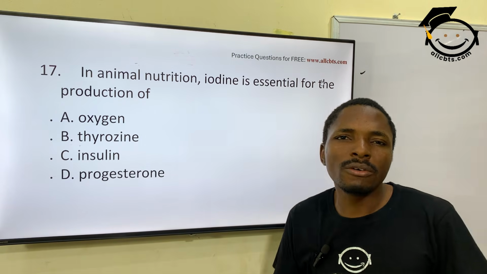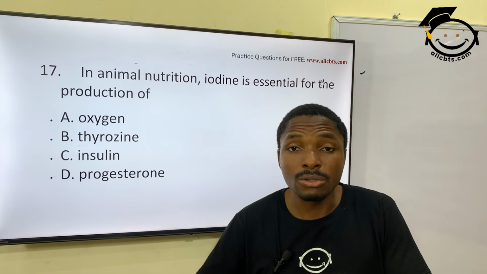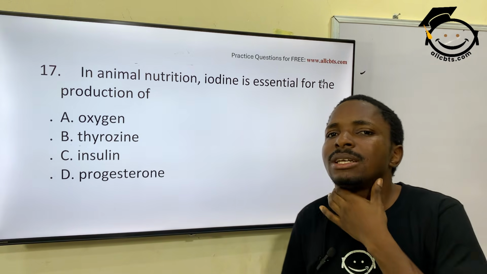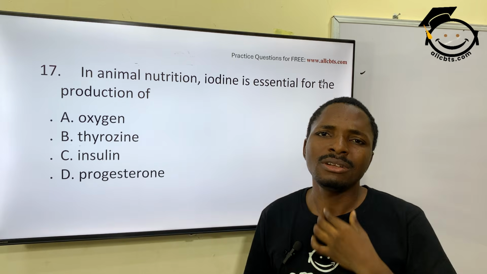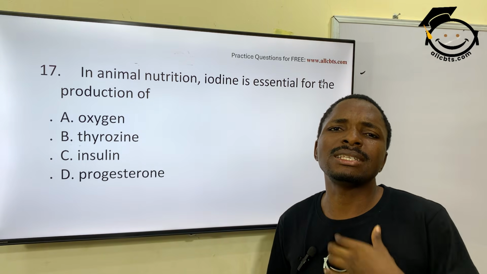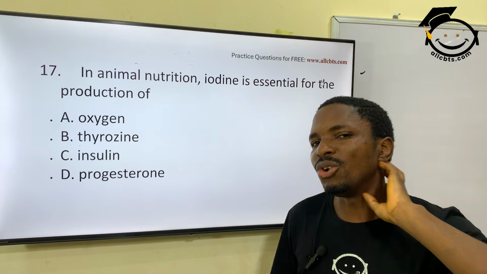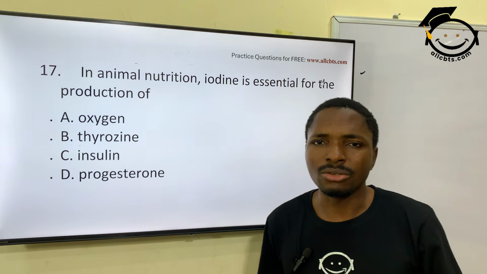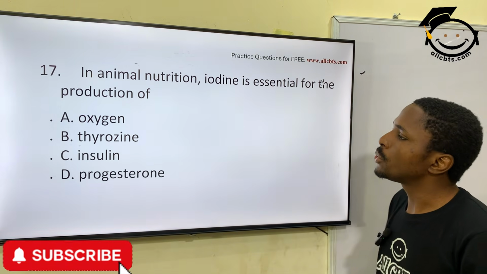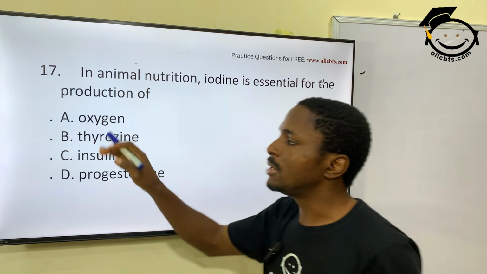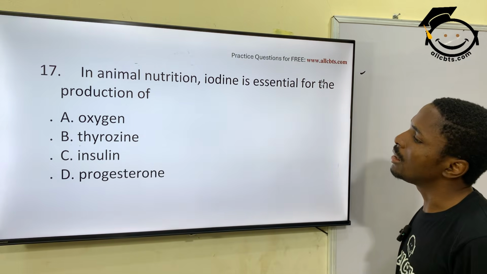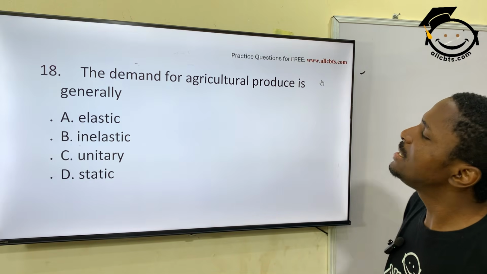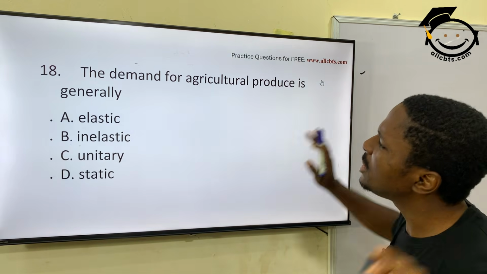Okay, if you take more of salt like Dangote salt, I'm giving you free advice now, what happens is you'll be able to prevent thyroid disease, or disease that is associated with the thyroid gland, like the goiter, like defect with the Adam's apple environment, all those kind of diseases. Yes, so iodine is essential. It produces tyrosine in animal nutrition.